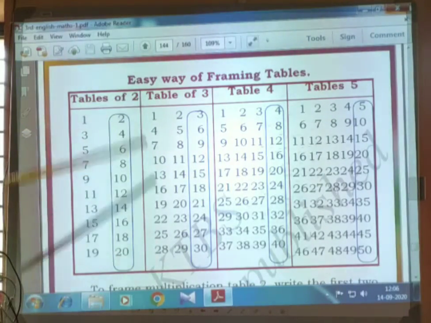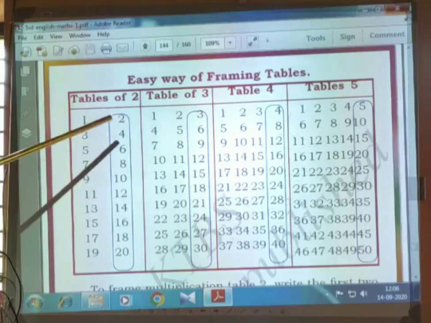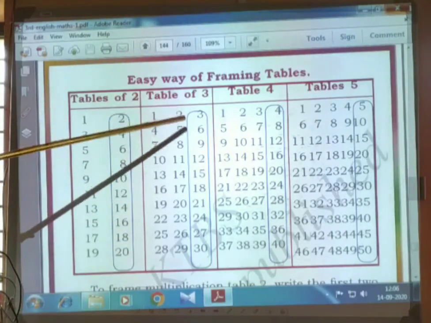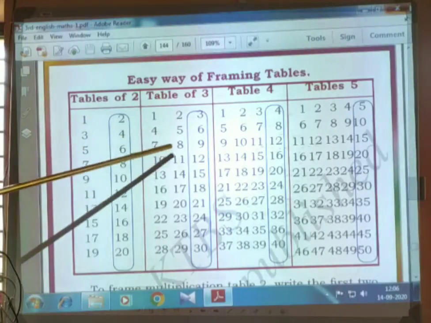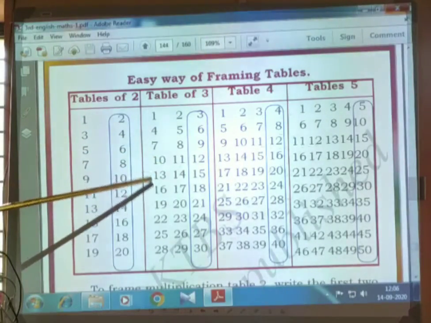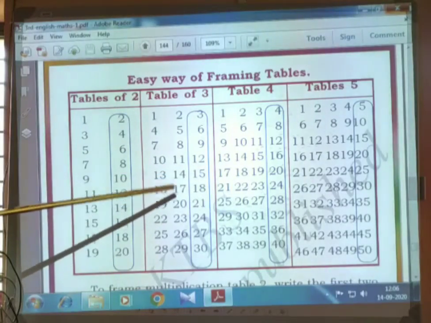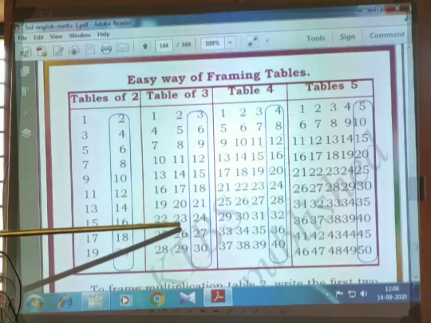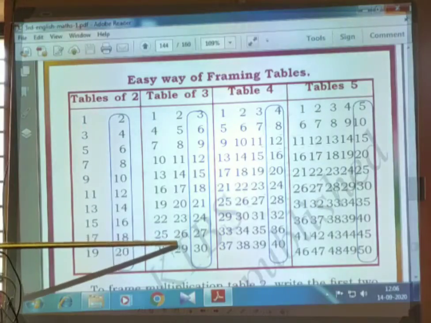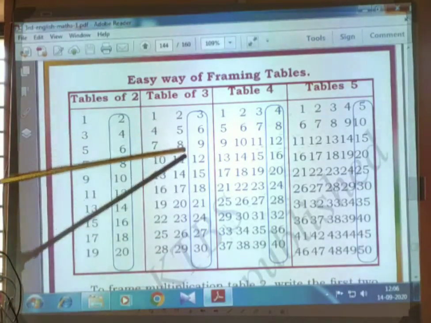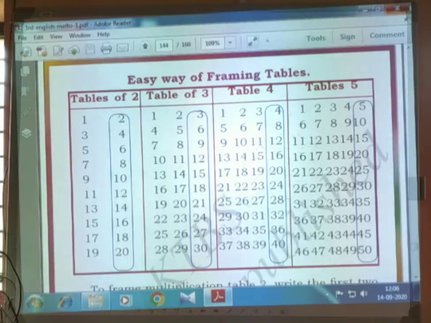Then tables of 3. You have to write 1 2 3 till 30. Okay, 1 2 3 4 5 6 7 8 9 10 11 12 13 14 15 16 17 18 19 20 21 22 23 24 25 26 27 28 29 30. This last column is the table for 3.